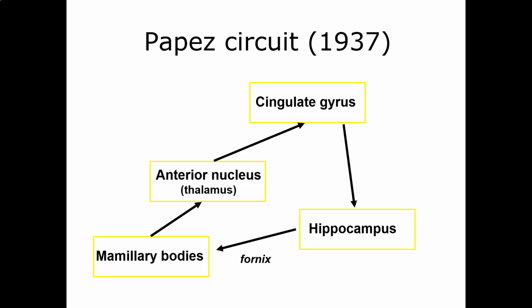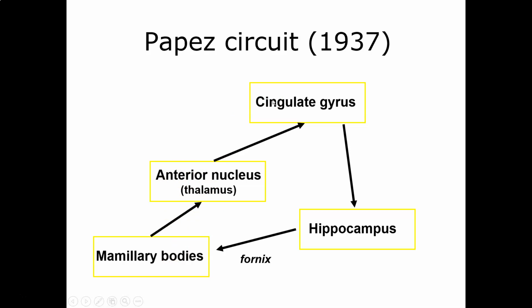So this is the original circuit that was developed by Papez, and it's since been modified to include other regions, but his original circuit was based on areas where Papez actually observed lesions caused by rabies. So we have the hippocampus, the fornix basically connects that to the mammillary bodies, the anterior nucleus of the thalamus, and the cingulate gyrus.